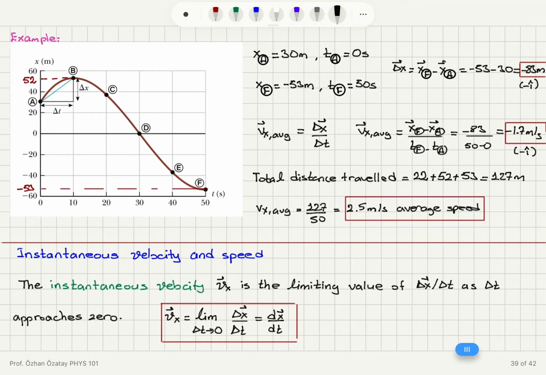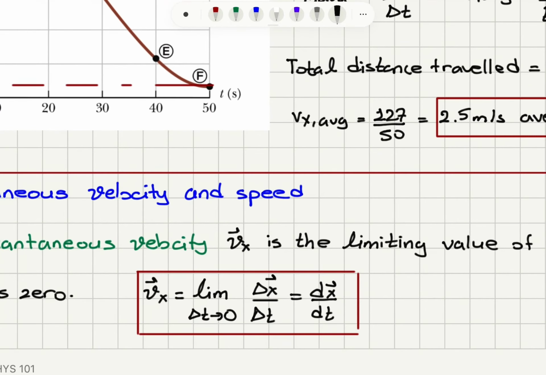Now, in addition to these average quantities, we can talk about instantaneous velocity and speed. The instantaneous velocity Vx vector is the limiting value of the displacement divided by the time interval as the time interval approaches 0. So its definition is the limit as delta t approaches 0 of delta x over delta t, which is by definition the derivative, dx dt.